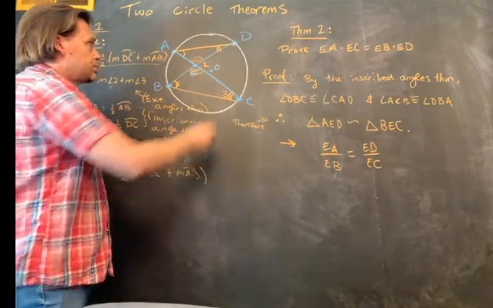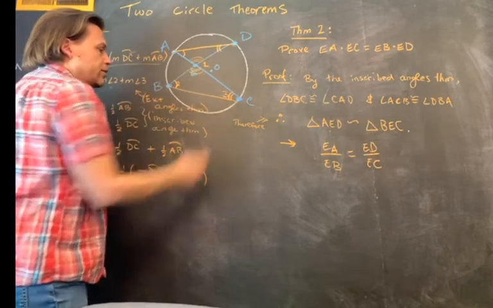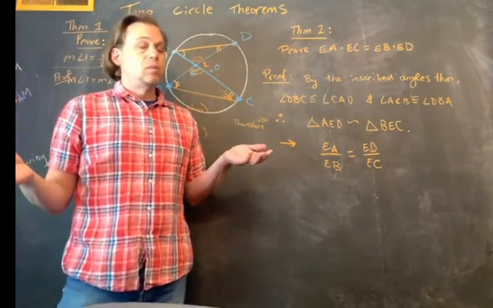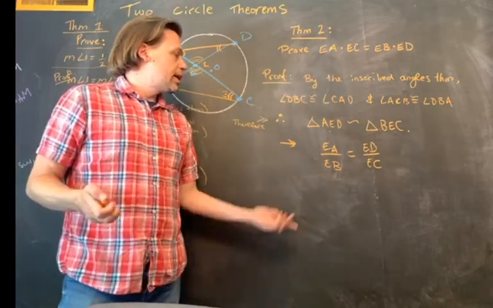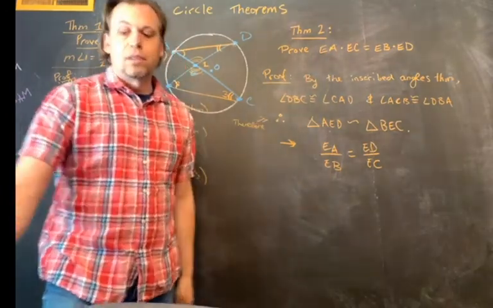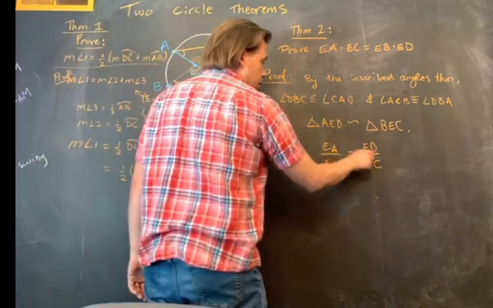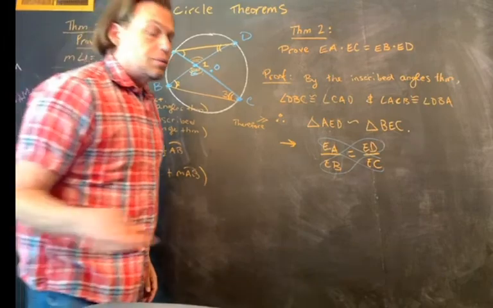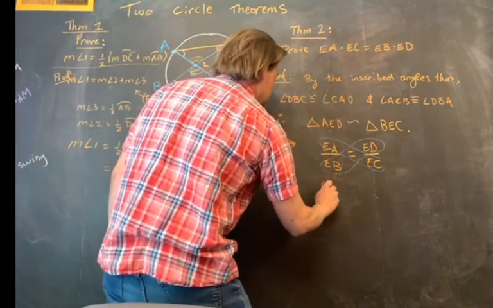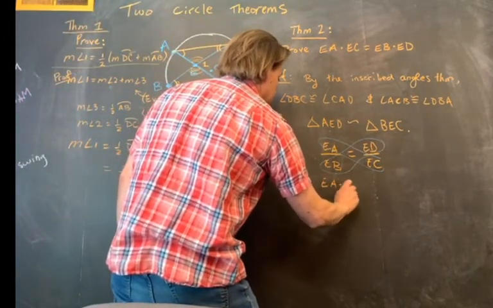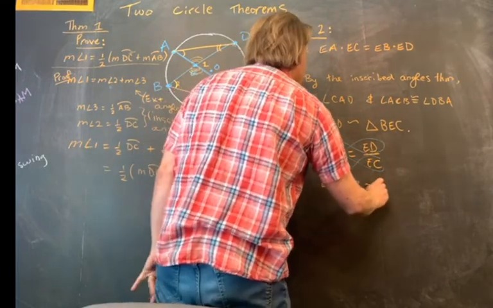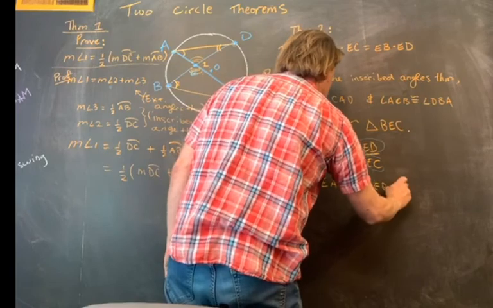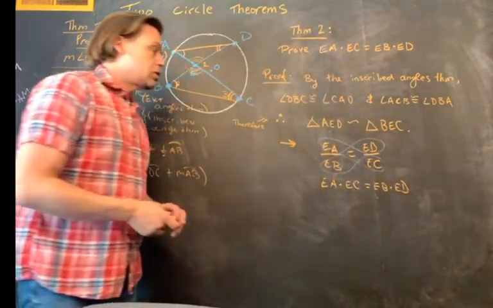That's great. ED over EC, those are corresponding. We get a proportion. What are we trying to prove? This thing up here? Well, can't I just cross multiply now? So just multiply here and here, and we get what we needed to get. EA times EC is equal to EB times ED.